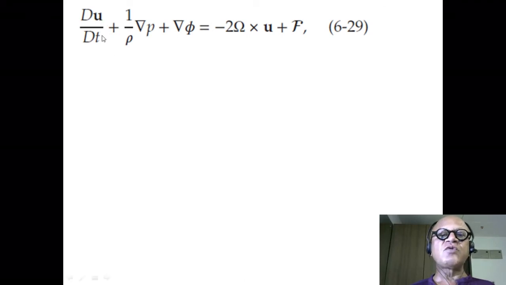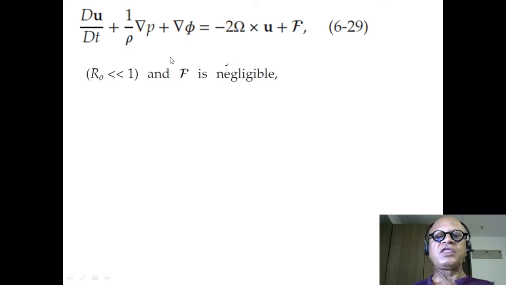Going back to our full equation then, du/dt plus 1 over rho grad p plus grad phi equals minus 2 omega cross u plus F. I say this all the time so that you hear it again and again and see it again and again, so that you get comfortable with it. So we are still in the Rossby wave small domain, so geostrophic balance is valid, and we are going to ignore friction again.